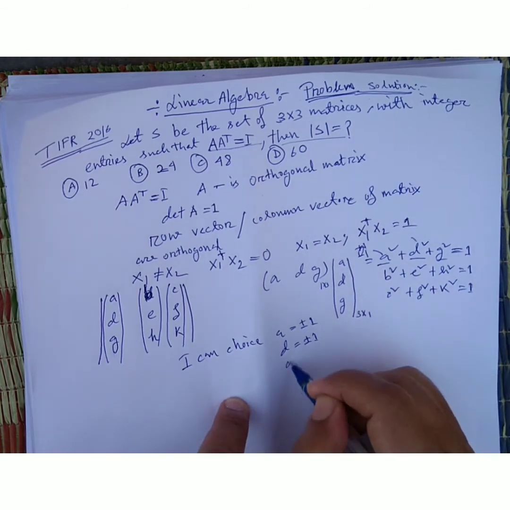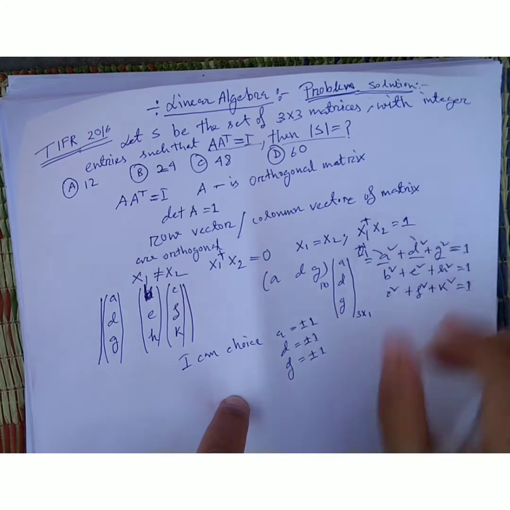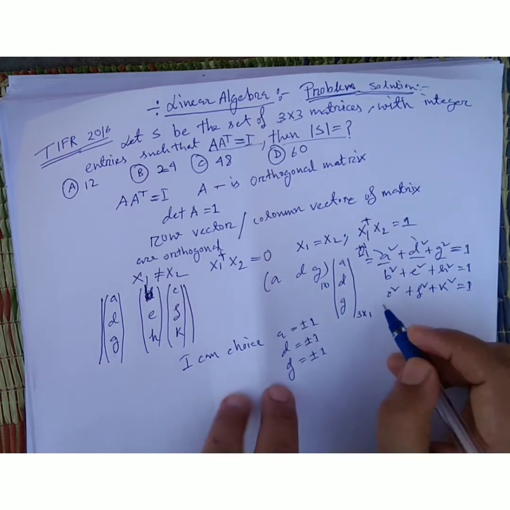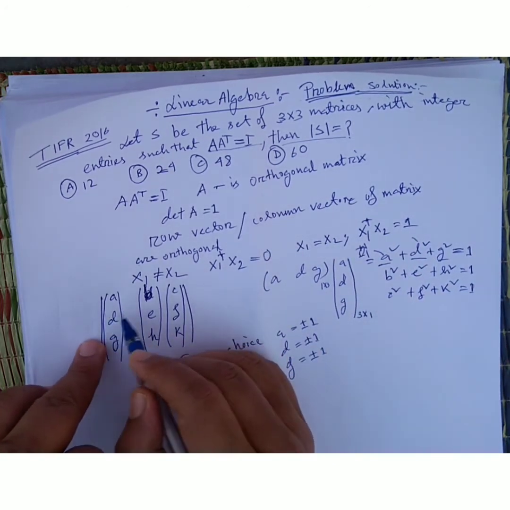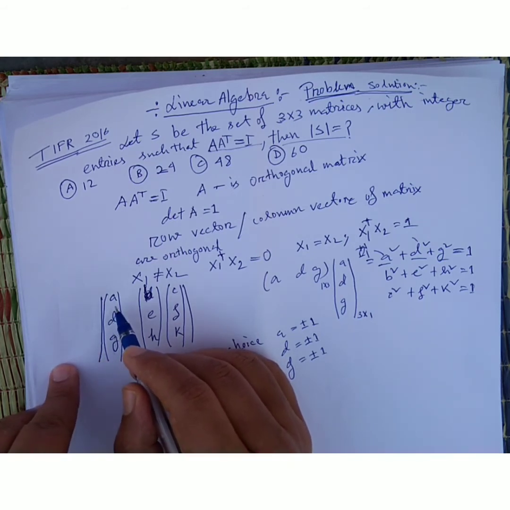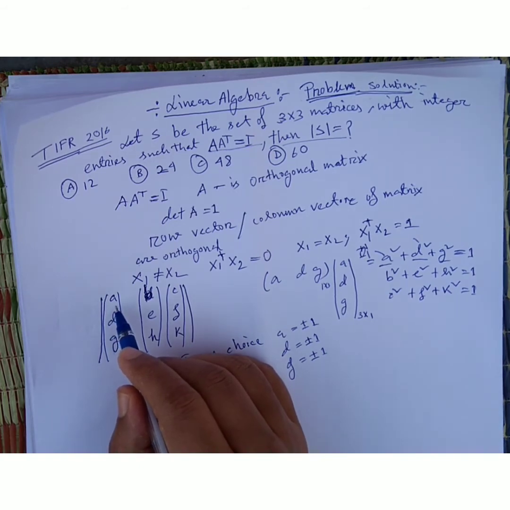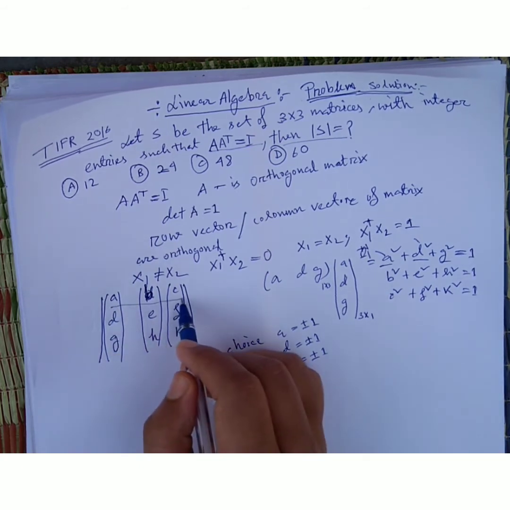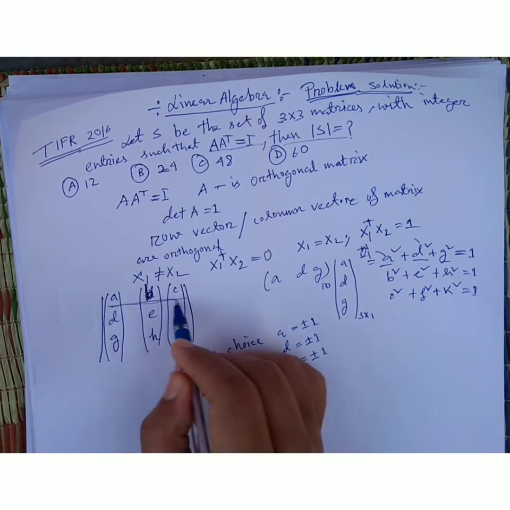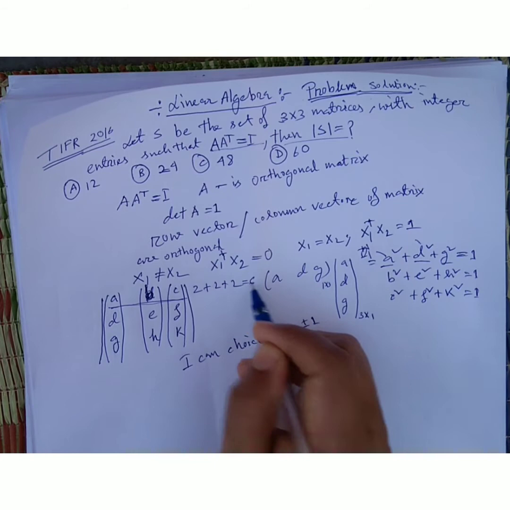Or G is plus 1 or minus 1, then the others should be 0. So my possible choices: for the first column I have 6 ways.